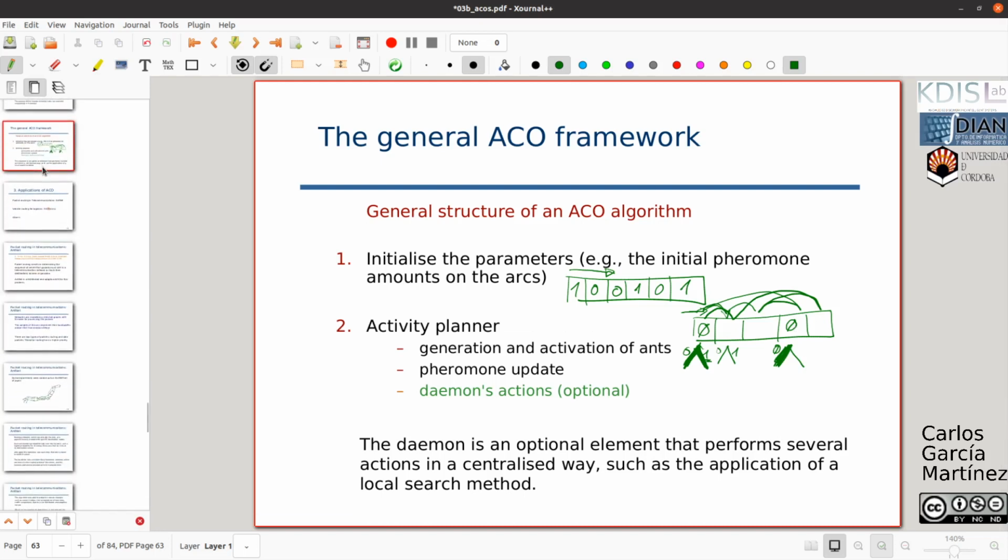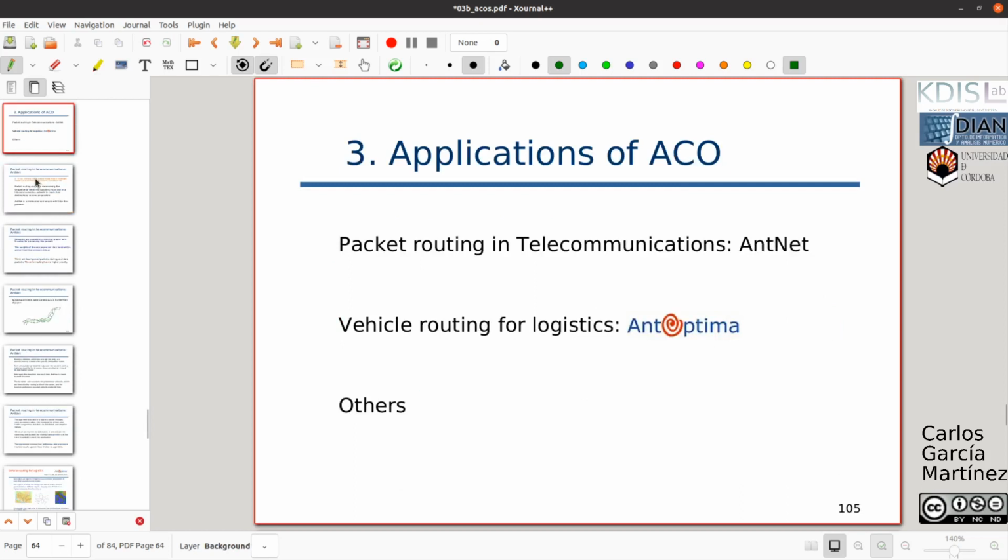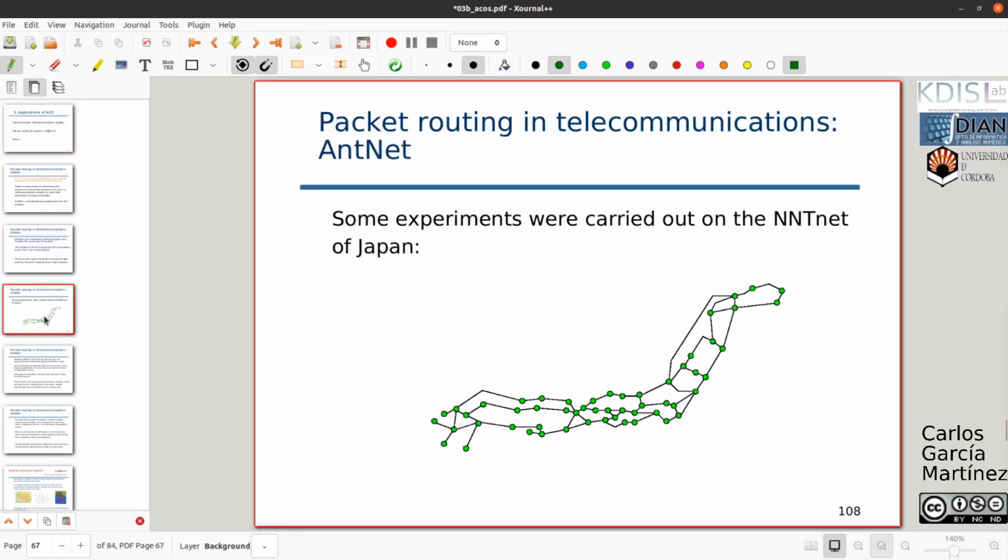Well, finally, some applications of, at least to my opinion, interesting applications of ant colony optimization. Well, the first one is AntNet, which is applied on packet routing in telecommunications. So the idea is that you got a network, well, whichever kind of network.